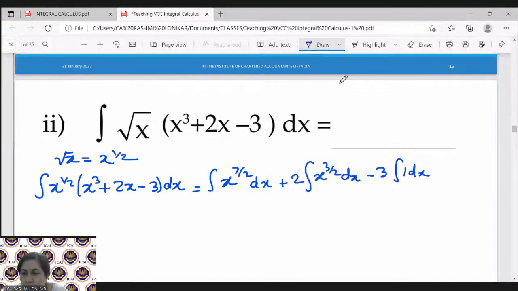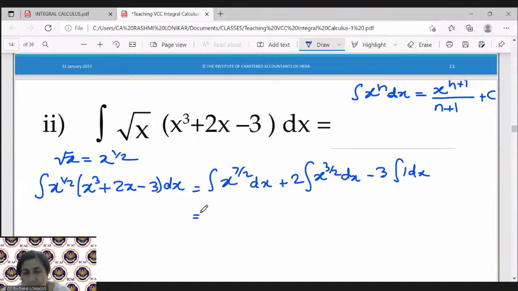Now which formula will I use? Integral of x raised to n dx is equal to x raised to n plus 1 upon n plus 1 plus c. So how much will this be in this part? n is 7 by 2.